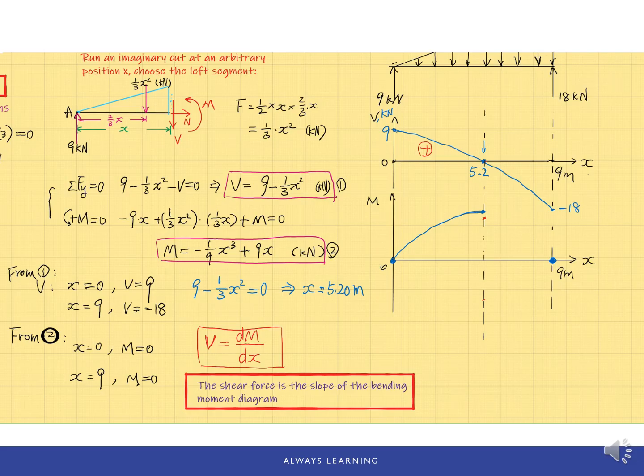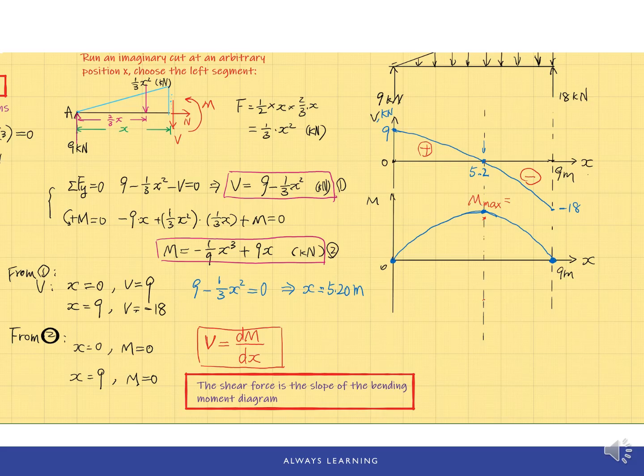And from 5.2 meter to 9 meter, the V values are all negative. Negative slope means a decrease in the M value. So M will decrease to 0. And we can also calculate the maximum bending moment because that's the value we are interested in. So how to find M max?